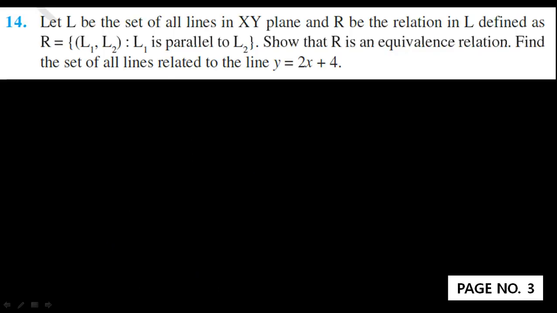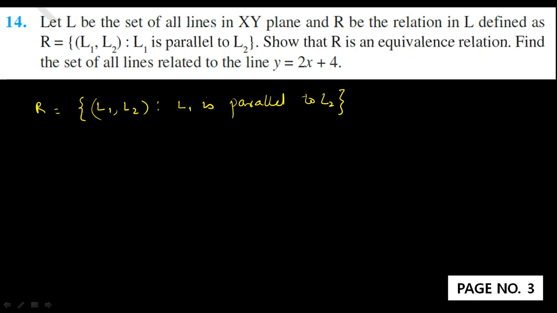Okay. What about question number 14? R = {(L1, L2)}, these are two lines such that L1 is parallel to L2.